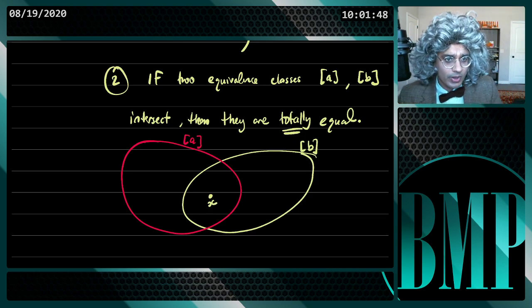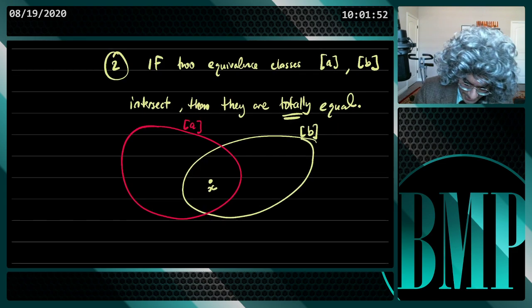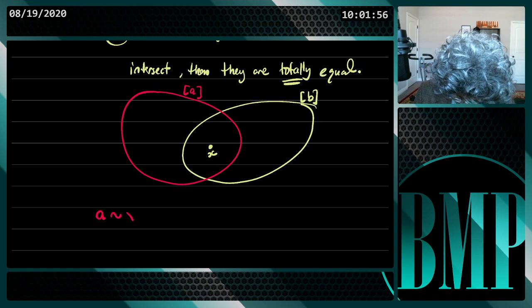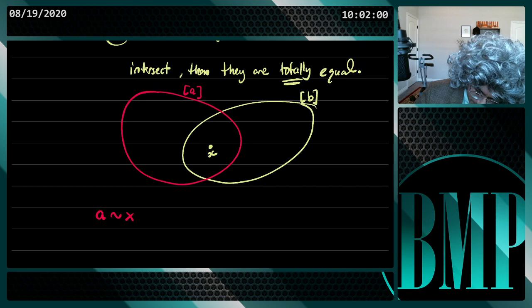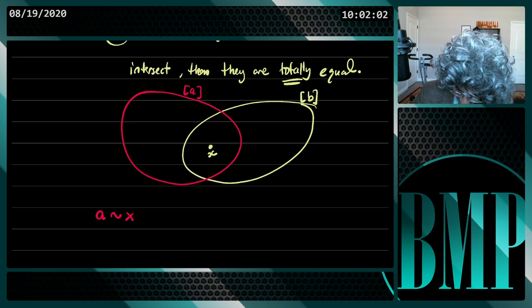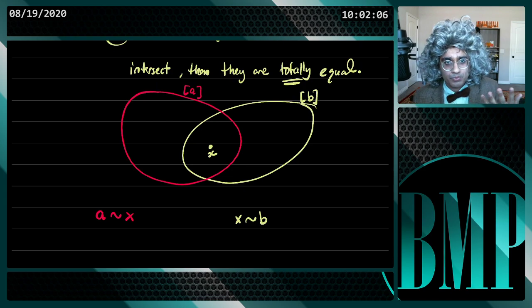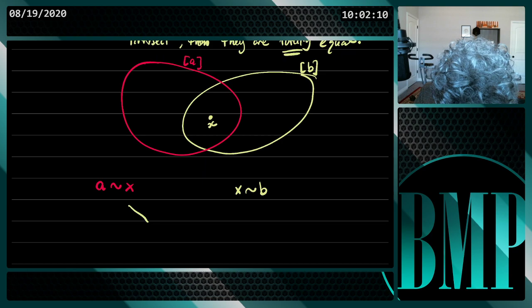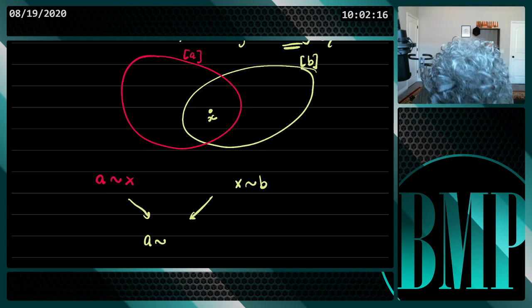Well, if they intersected and they had this element X in it, then on the one hand, we know that A is related to X. We also know that X is related to B, is equivalent to B. And so transitivity gives us that A is equivalent to B.